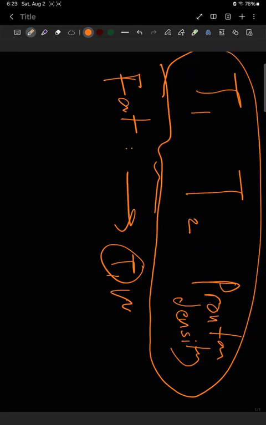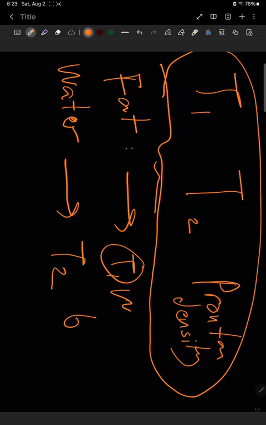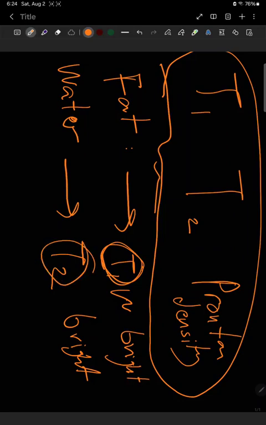You could consider it like that. Whereas, for example, water has long T1 and long T2. For this reason, it would show bright on T2 images. Here bright, here bright, but the difference is here we're talking about T1, and here T2.